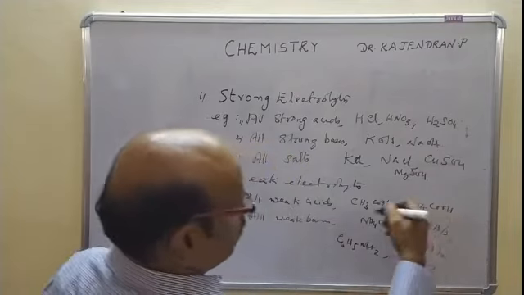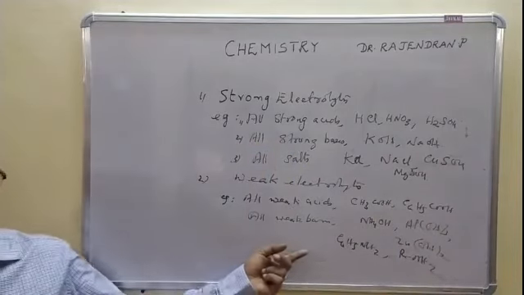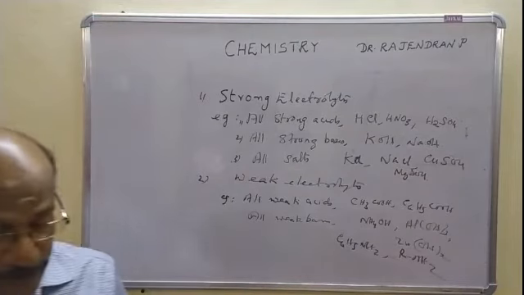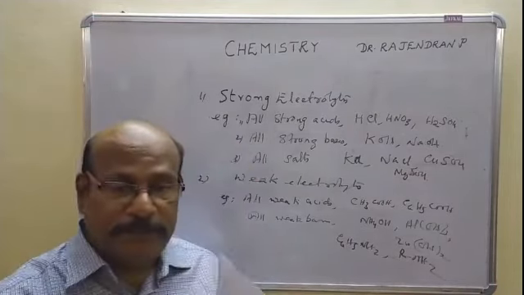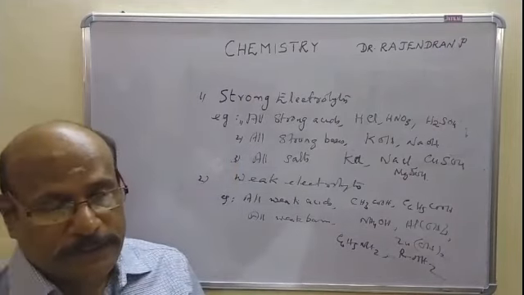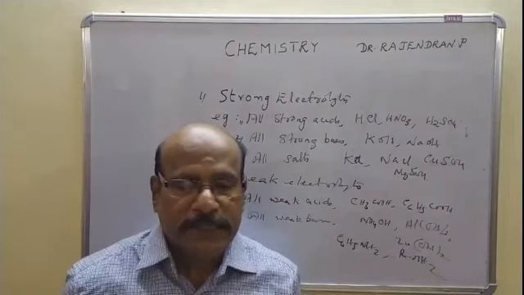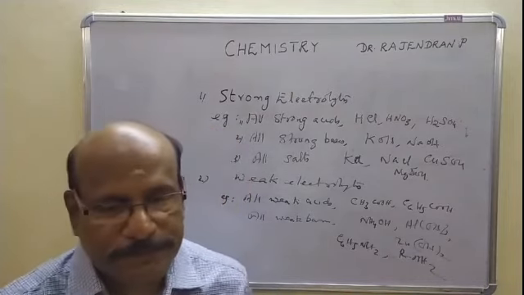All these are examples of weak bases, weak electrolytes. The reason why they behave so can be explained only by means of the available theory, so we have to go on to that theory.